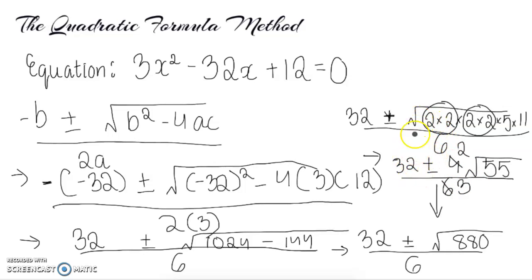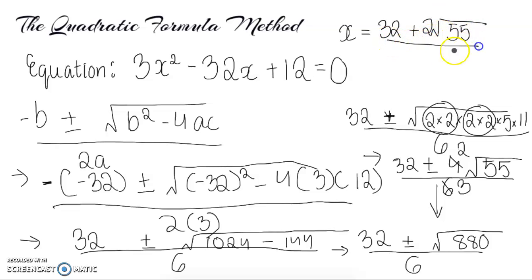So our first answer, the roots of this quadratic equation, is 32, since it says plus or minus over here, plus 2 root 55 divided by 3, and also the root is 32 minus 2 root 55 all over 3.